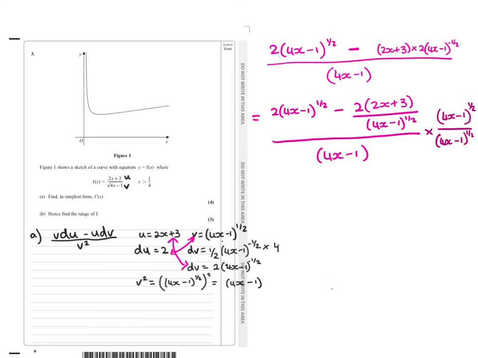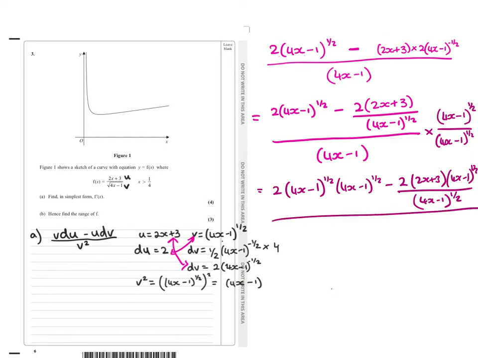So now, I'm going to have 2 lots of 4x minus 1 to the power of a half multiplied by 4x minus 1 to the power of a half, minus 2 lots of 2x plus 3, 4x minus 1 to the power of a half, over 4x minus 1 to the power of a half, all of that over 4x minus 1 to the power of a half times 4x minus 1.